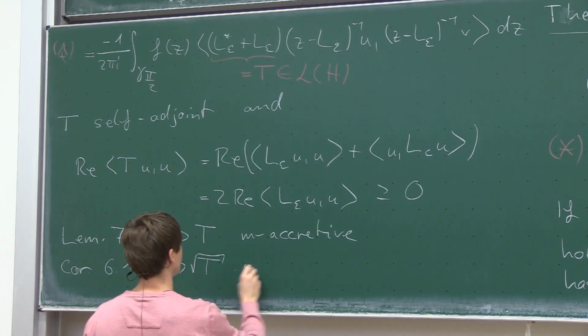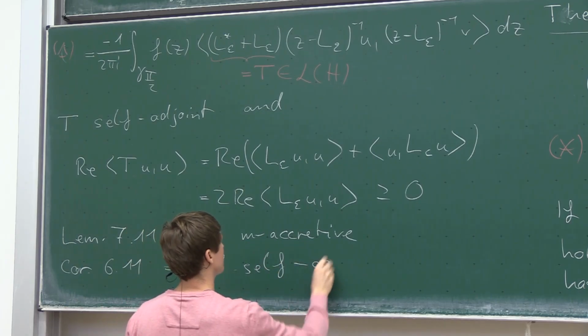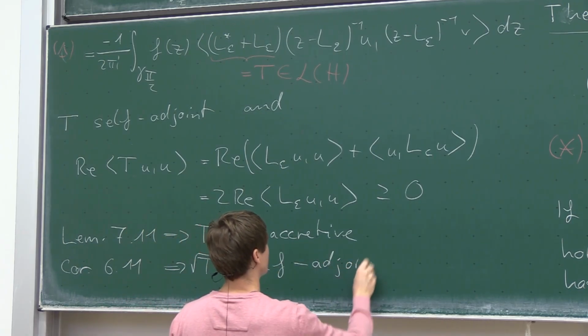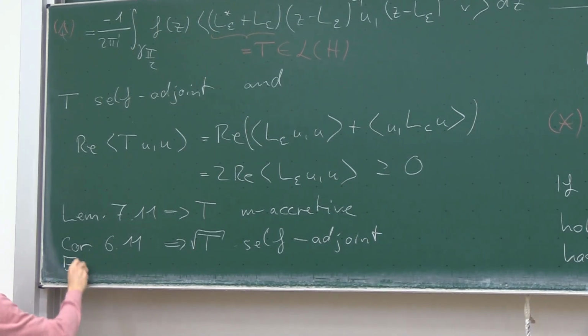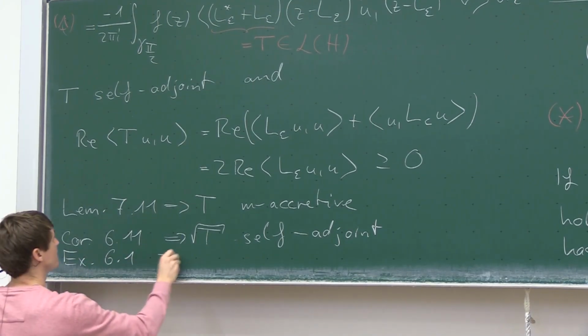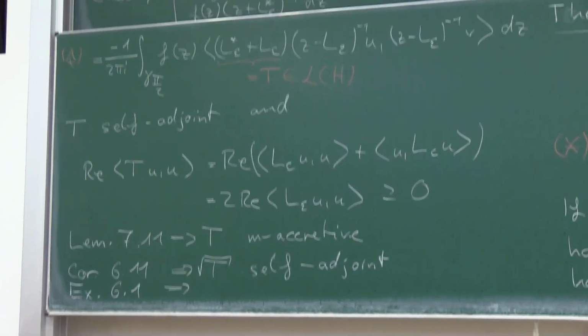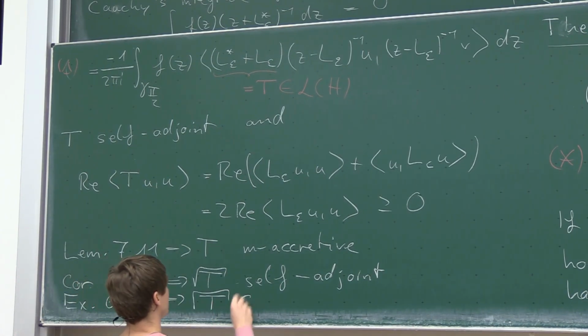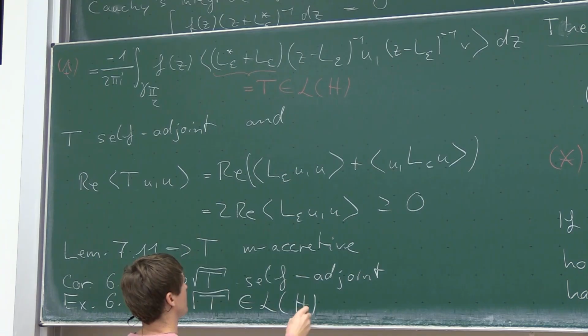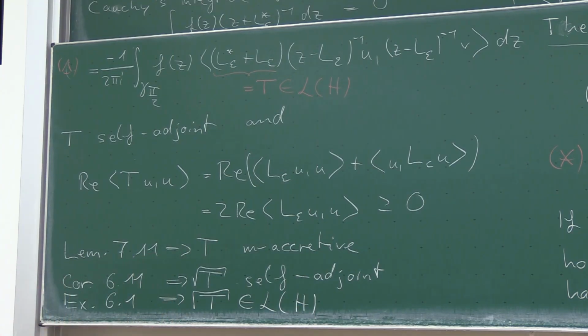So this is self-adjoint. And by exercise 6.1, we find that the square root is also bounded, because T is a bounded operator.